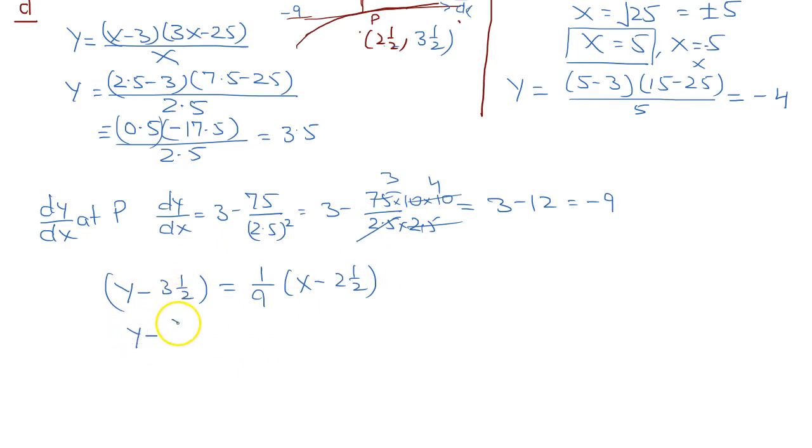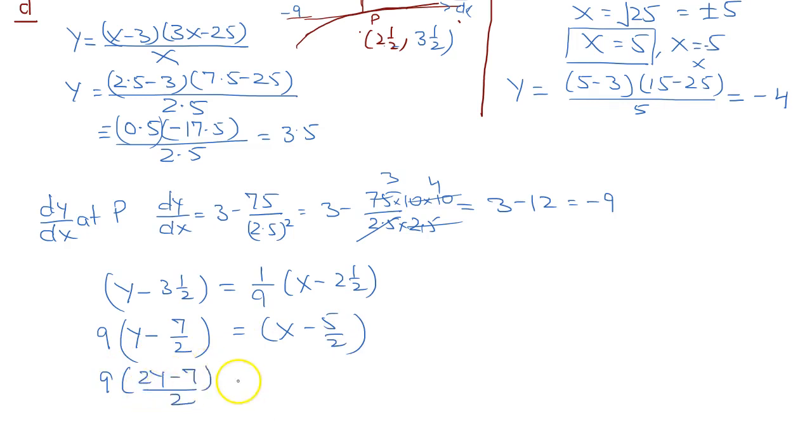So y minus 7 over 2 multiply 9 is equal to x minus 5 over 2. So this is 9. 2y minus 7 over 2 is equal to 2x minus 5 over 2. So we can cancel both 2.